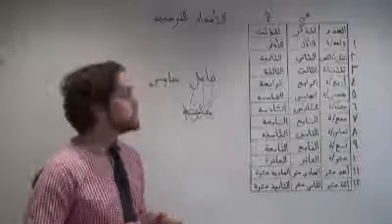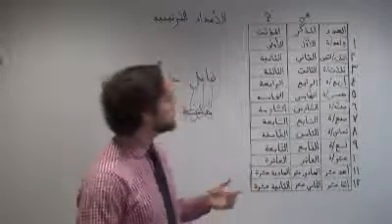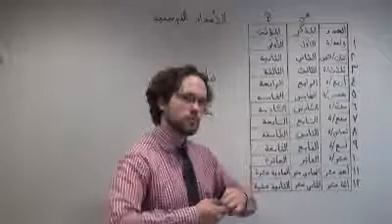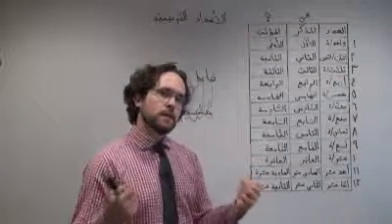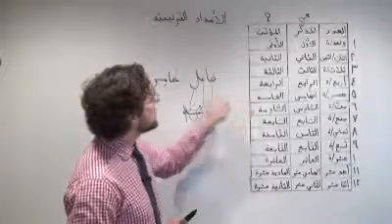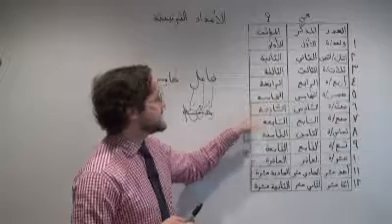It's a little bit of an irregularity. And the other thing is that the number 6, you probably learned as sitta when you were counting, but the root is actually sin, dal, sin. So when we unfold the jadr and put it into this pattern, we wind up with sadis or sadisa.